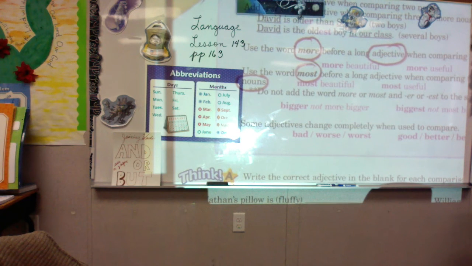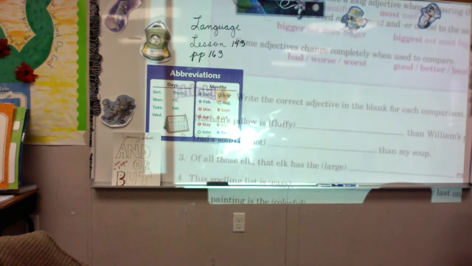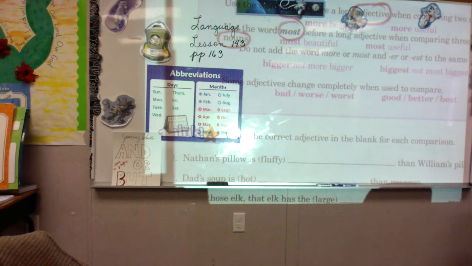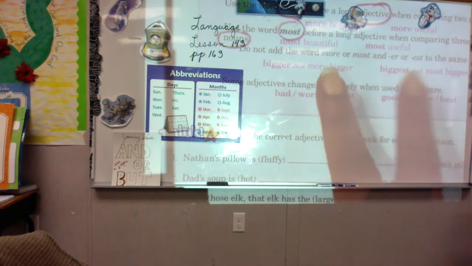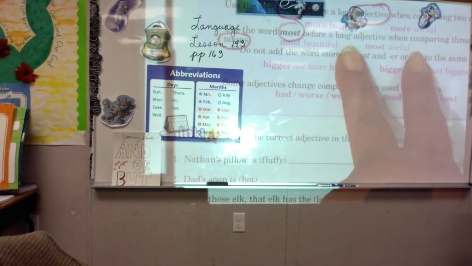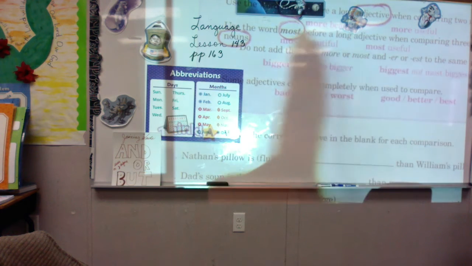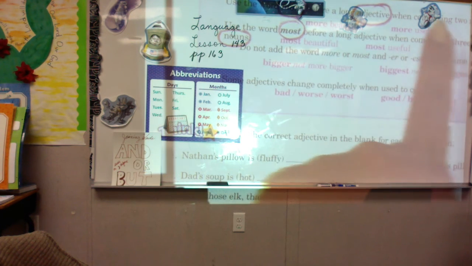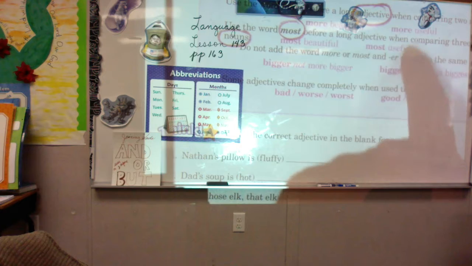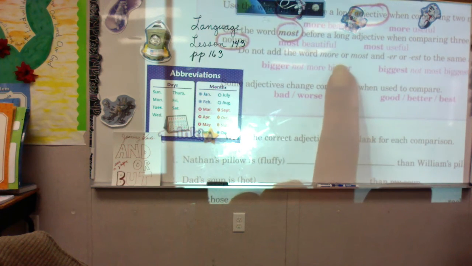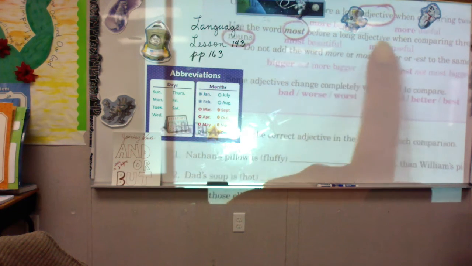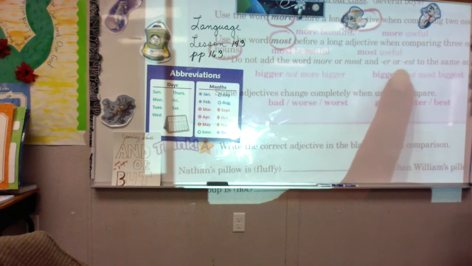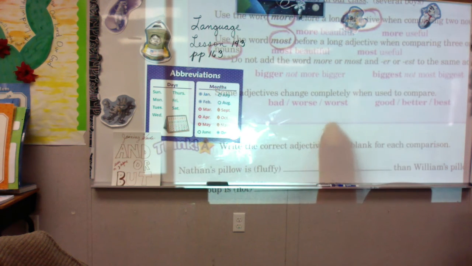Do not add the word more or most and ER or EST. That means that I'm not going to use both of these together. I'm going to choose to do this, or I'm going to do this. I will modify the word by using more or most, or by using ER or EST.